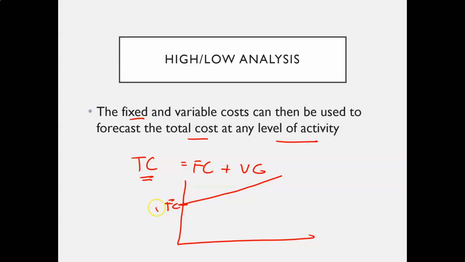Like I said, I had 50, then 55, and then 60. So my total cost here would have been 50 plus 5, and I'm going up this way recording my total cost, which is composed of my fixed cost and my variable cost.